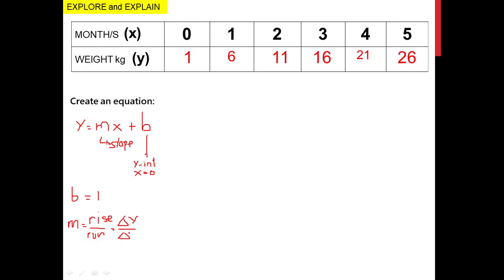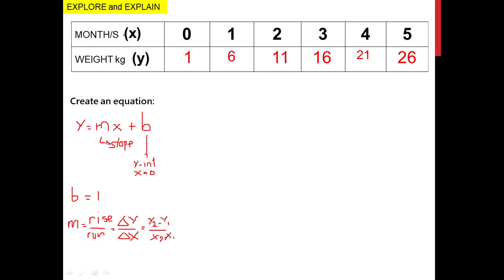Rise is vertical, that is the y-axis. Run is horizontal, that is the x-axis. We can also say that it is y2 minus y1 over x2 minus x1.